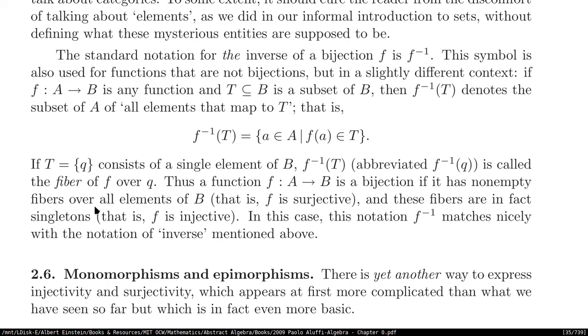And as f is bijective, the fibers are actually singletons. The fiber of f over any element of B is a single element. So that's injectivity, that every single element is mapped to some other single element, the one-to-one connection.